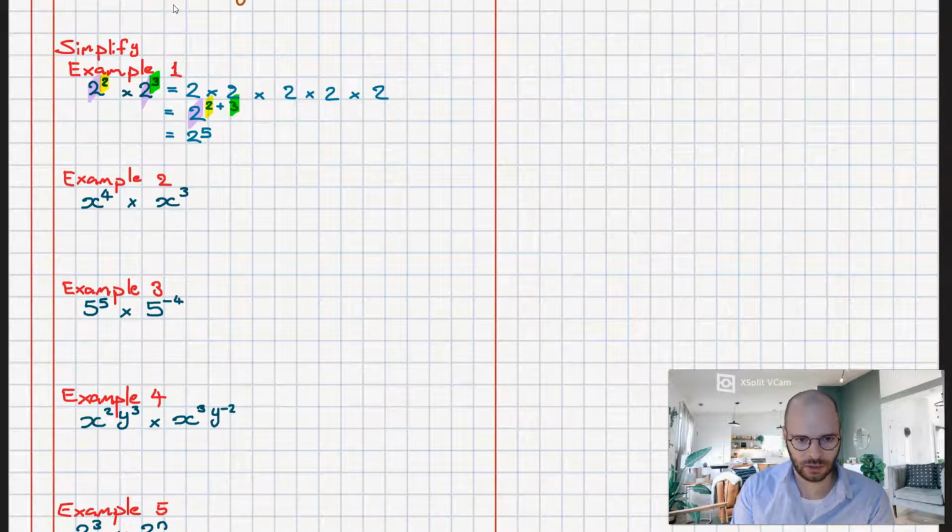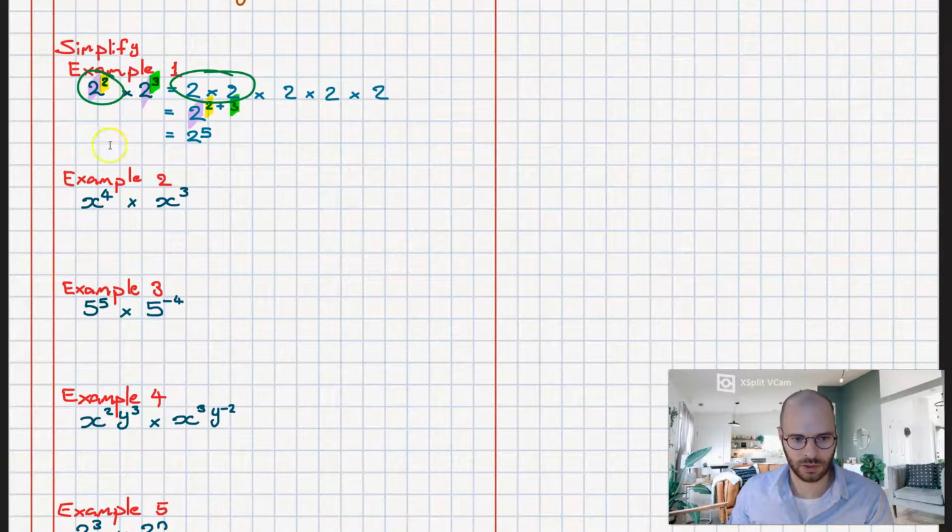The first 2's over here correspond to this one here, and then the second lot of 2's, we have 3 of them over here. So if we count the number of 2's we have here, it's going to be a total of 5. So that agrees with the result we get down here, 2 to the power of 5.